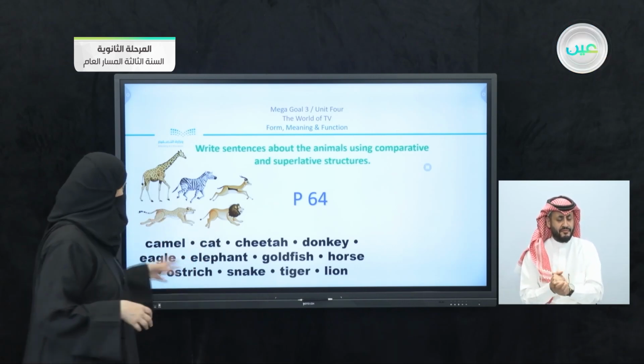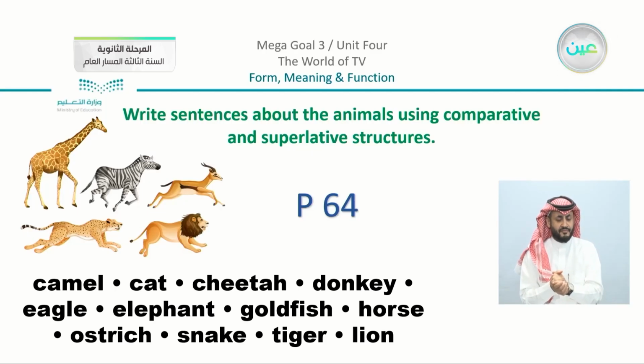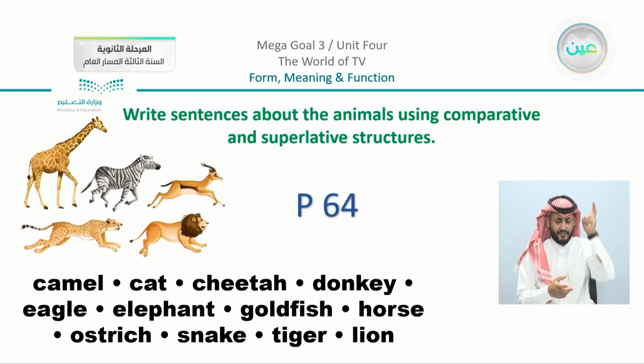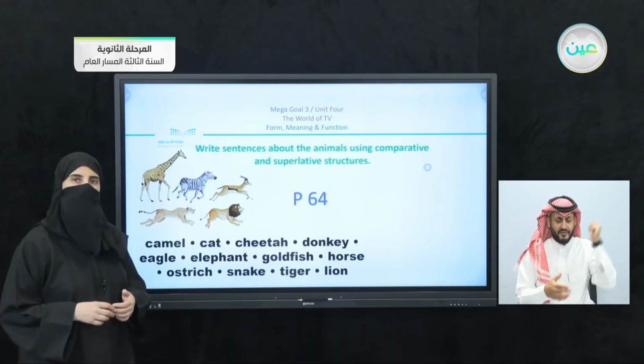For example, we have here the animals. We can see that there is the camel, cat, cheetah, donkey, eagle, elephant, goldfish, horse, ostrich, snake, tiger, and lion, and of course much more.